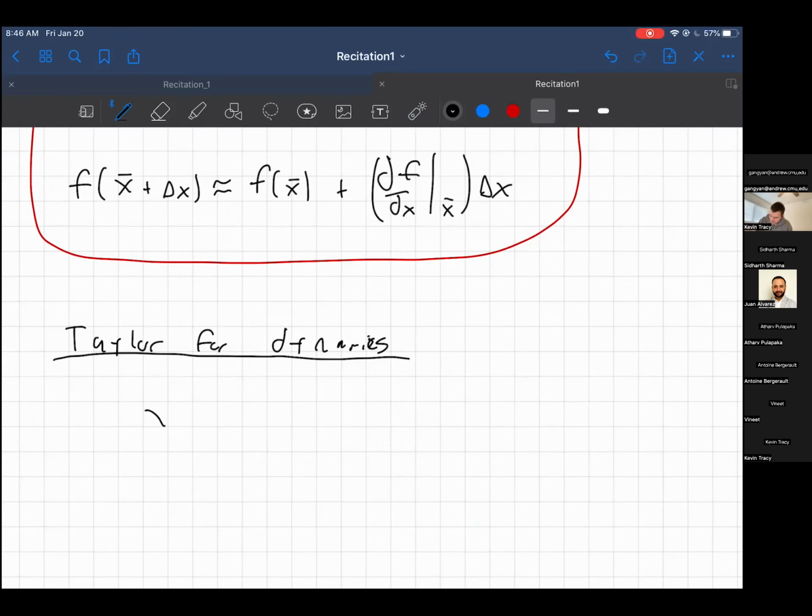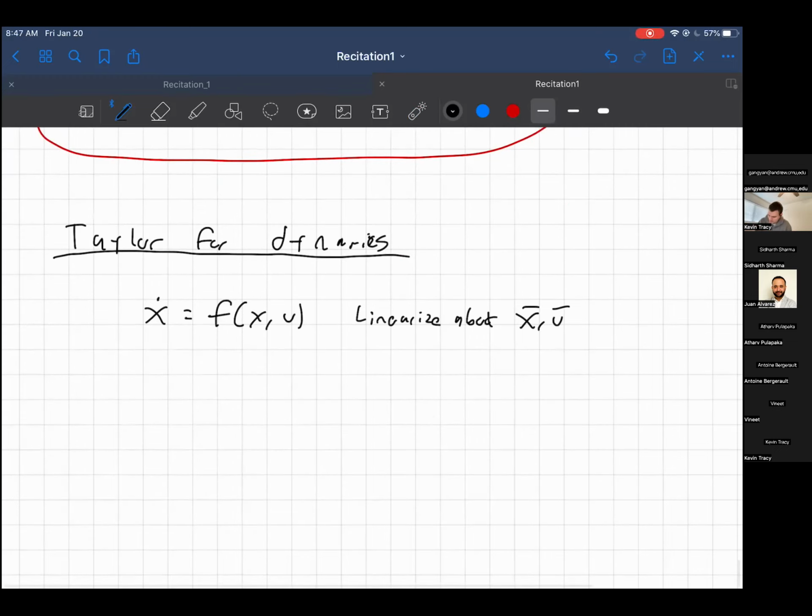What I'm saying here is that if I have x dot equals f of x, u, I'm going to define two different Jacobians. Say I want to linearize about x bar, u bar. So I chose my two inputs, x and u, as x bar, u bar, and I want to linearize this function f around x bar, u bar. I can write down everything in the same way that I did previously.